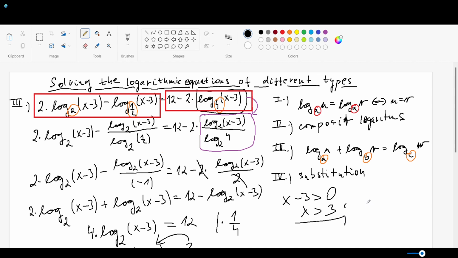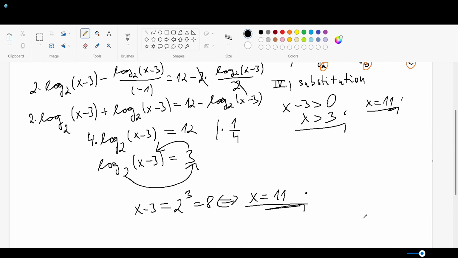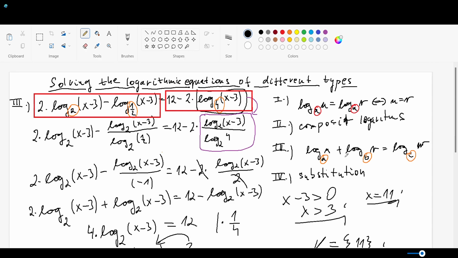And as our root is x equal to 11, it meets the conditions. So the conclusion is that the set of the roots, in this case a one element set, is just the number 11, and this is our solution.